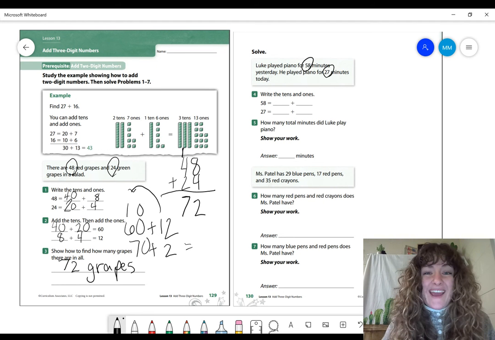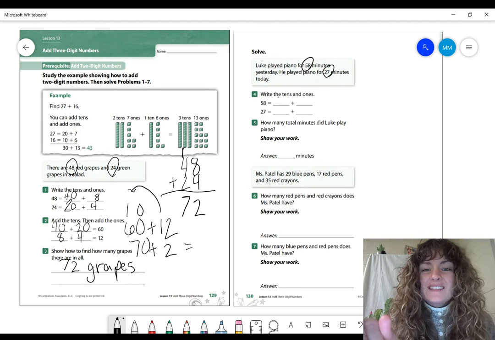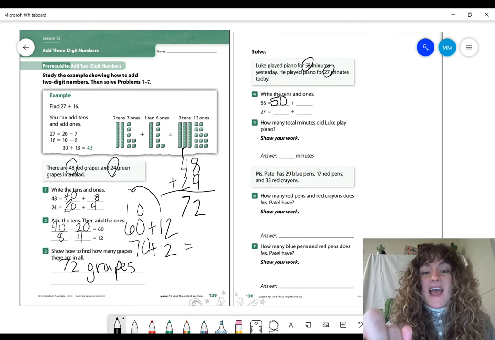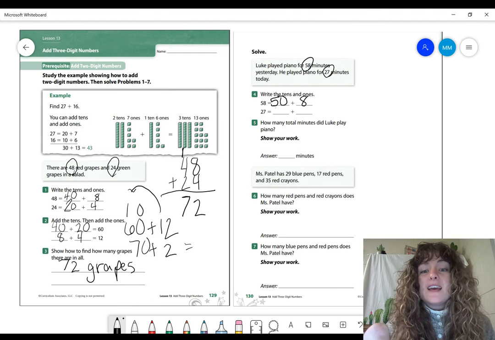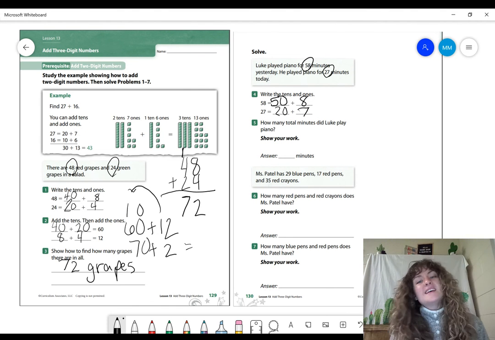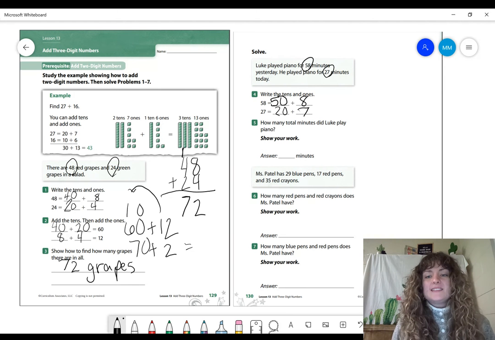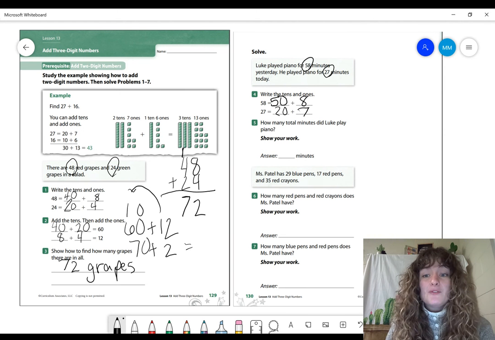So 58, our tens place has 5 tens, which is a value of 50, and 8 ones. 27, that 2 has a value of 2 tens or 20, and 7 ones. It says, how many total minutes did Luke play piano? So let us put our tens and our ones together.